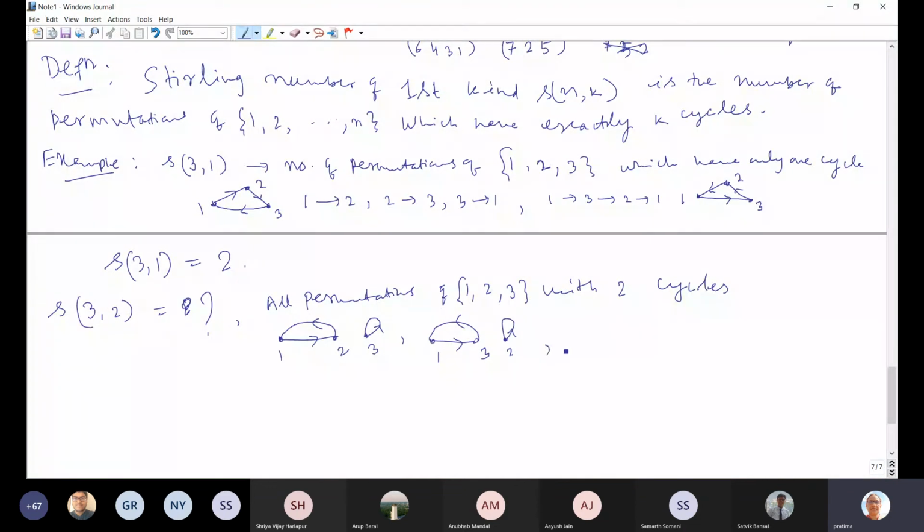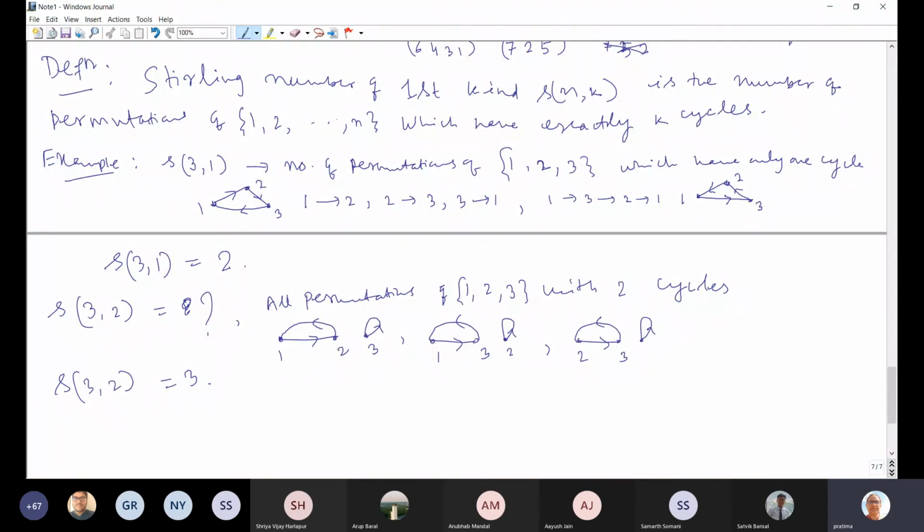And the other one is 2, 3 and 1 will be the singleton, right? You are correct. So therefore s(3, 2) is equal to 3. Very good.